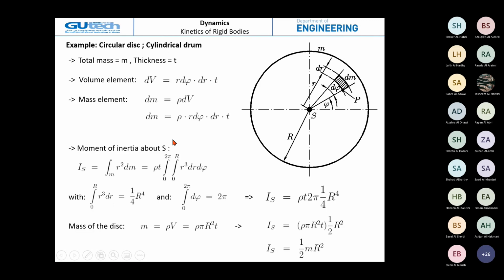Now we take the case of a circular disc or cylindrical drum. The total mass will be m. Here we take the thickness to be t. Now, m is always defined by the density rho multiplied by dV.